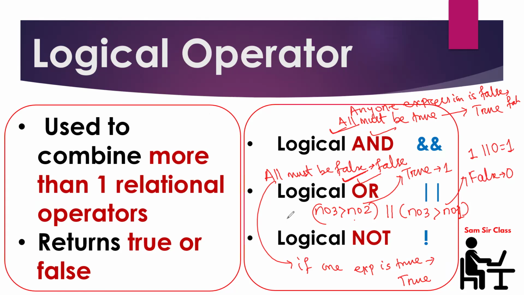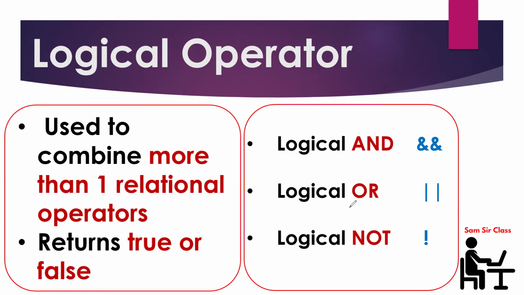Logical NOT, we have already discussed, is a unary operator. That means not of positive will be negative and not of negative will be positive.